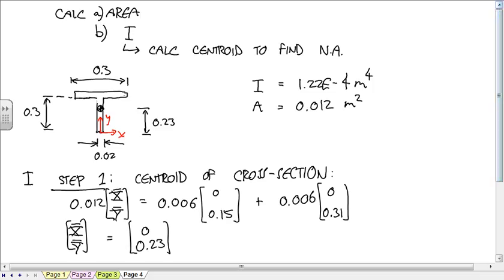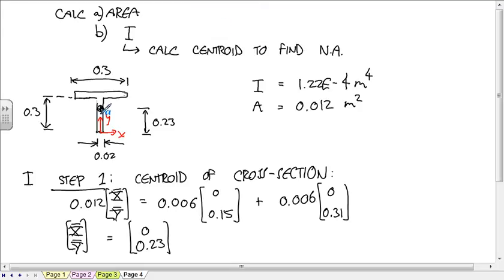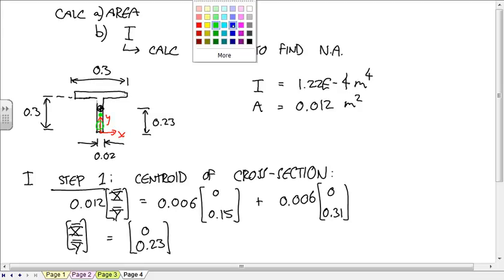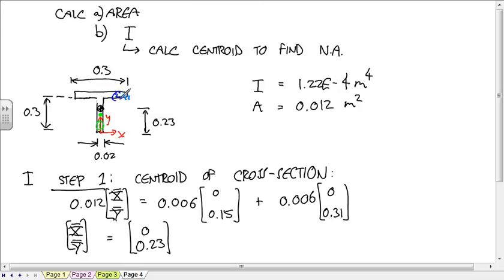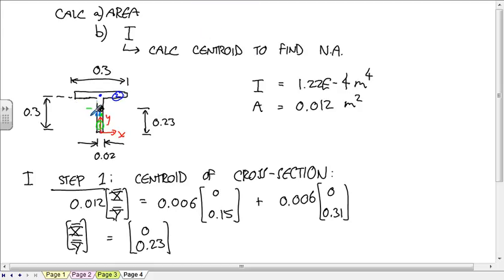We're going to use that for the parallel axis theorem. So let me number these. That's number 1. This is number 2. Its centroid is here. And this distance is 0.08.